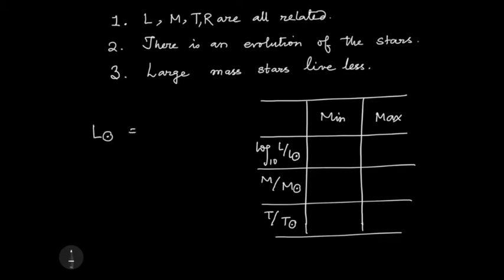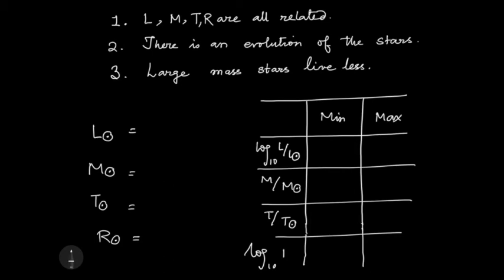Solar temperature is, so solar luminosity, solar mass, solar temperature, and solar radius. Please look at these numbers. These are very, very sacrosanct numbers in stellar astrophysics.